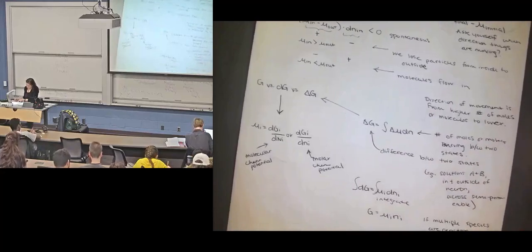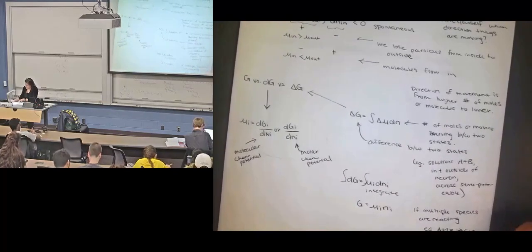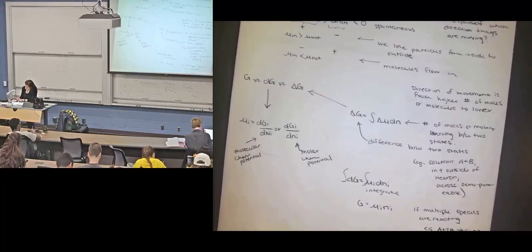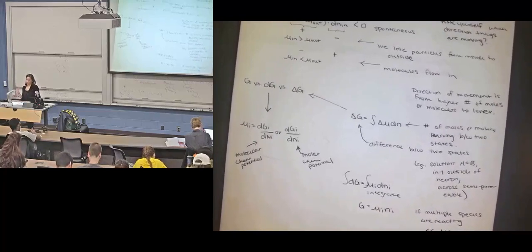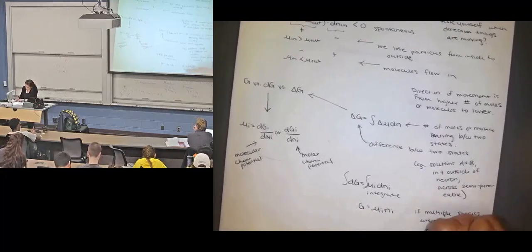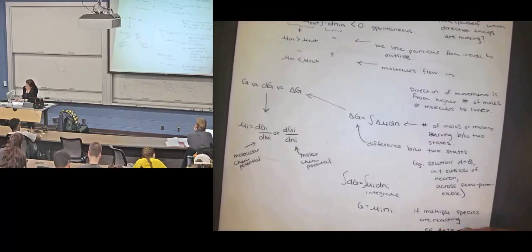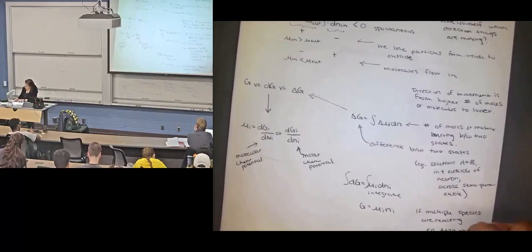And if I have multiple species reacting, something like A plus 2B forming C plus 2D, whatever it might be, then when I want to calculate, say, G for the initial state, before the reaction starts happening, when nothing has happened, it's given by the sum over all of the different types of molecules that are involved.